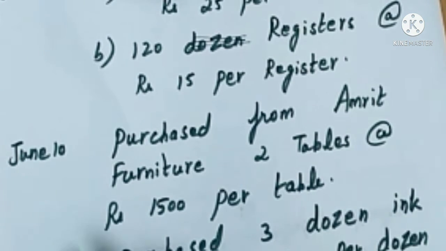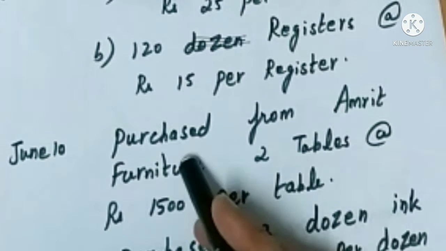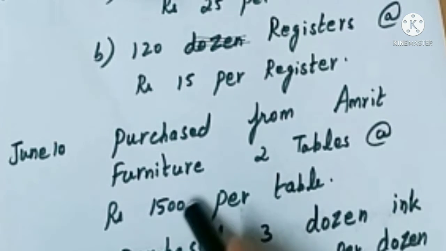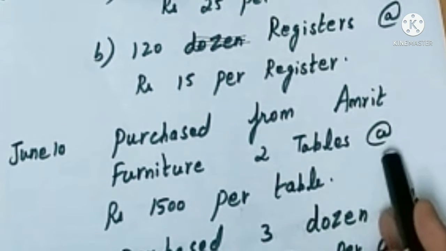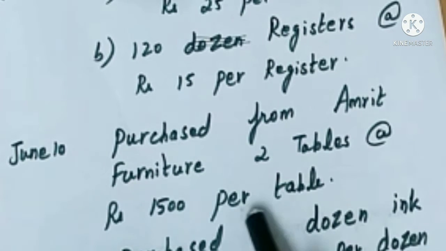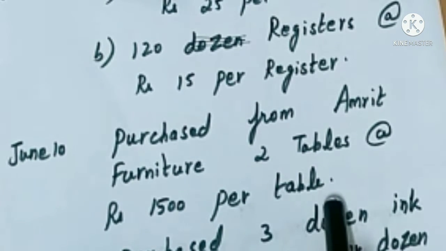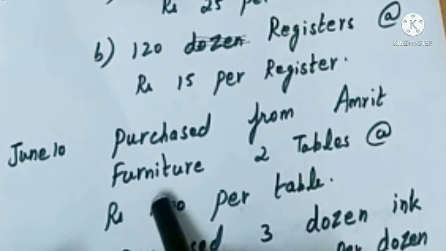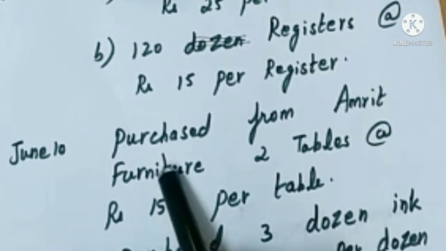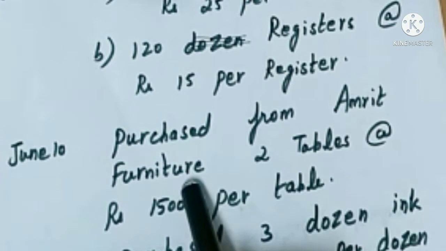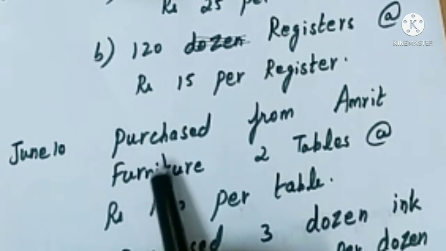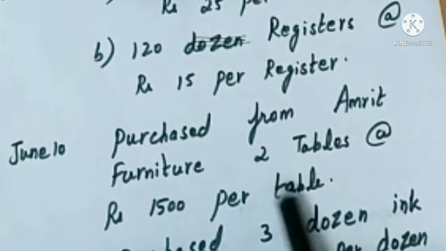Then again, on June 10, purchase from Amrit Furniture 2 tables at rupees 1,500 per table. So this transaction will not be recorded in subsidiary books because purchases are made on cash.